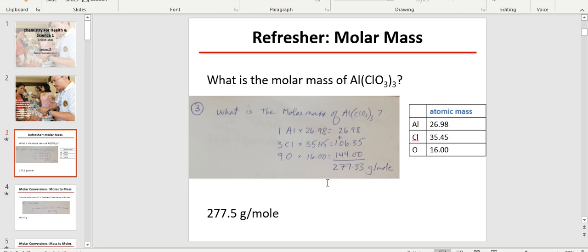If the answer is 277.333, I wouldn't give you 2 answers that are almost identical. There's going to be 1 clear answer. If you've done the math, you may be using a different periodic table from the one that I use. Mine goes to like 4 decimal places, but it's not a big deal. If you do the math correctly, there's only going to be one answer.